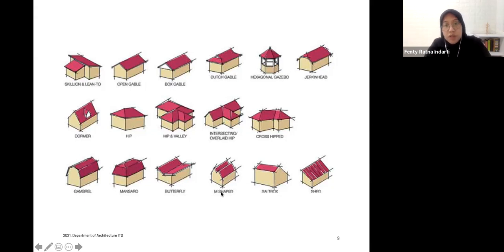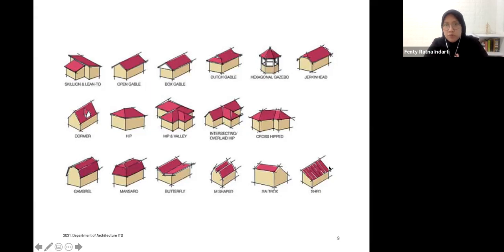And then you have M shape, literally like an M shape, and then you have side gable, and then you have shed. So shed is actually a mono pitch roof, but some people call it shed as well because the configuration is almost the same. So this is why I tell you that pitch roof actually has a lot of potential.